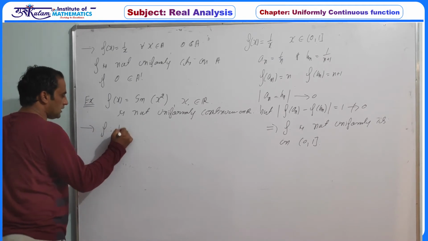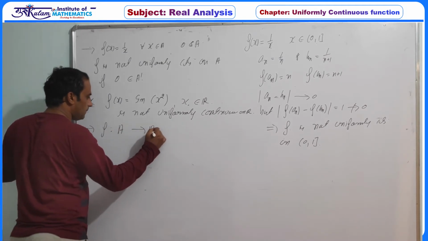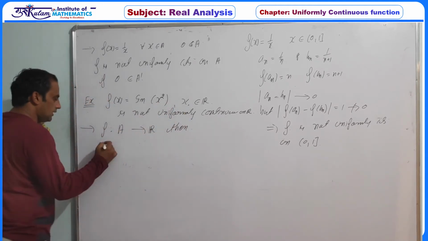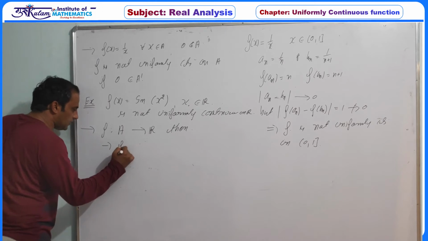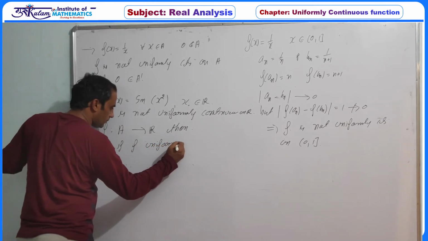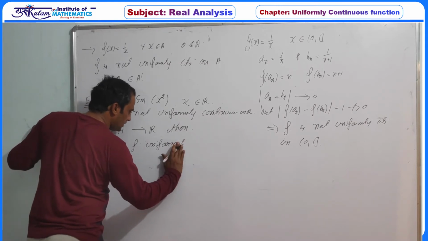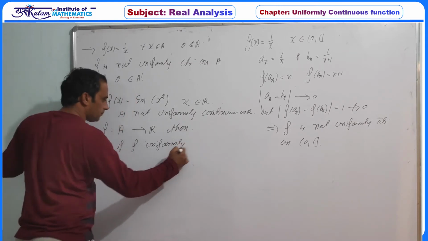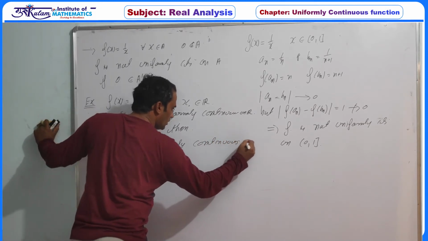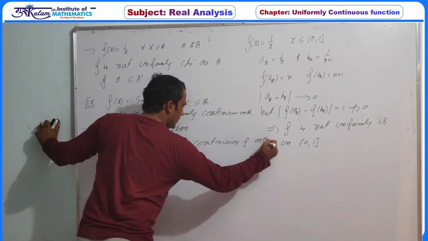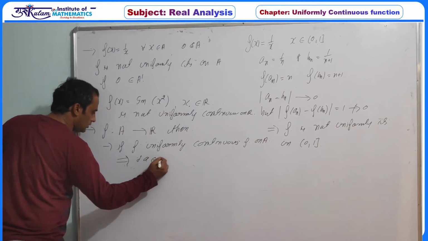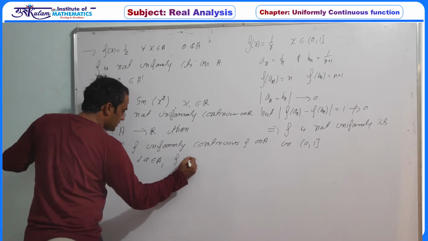If f is defined from A to R, then obviously, first statement: if f is uniformly continuous on A, this obviously implies that for all a belonging to A, f is a continuous function.